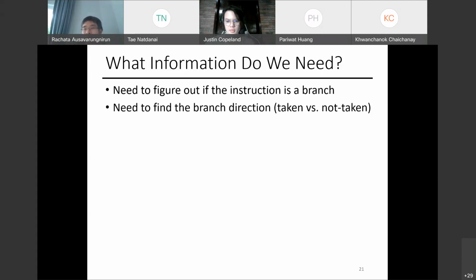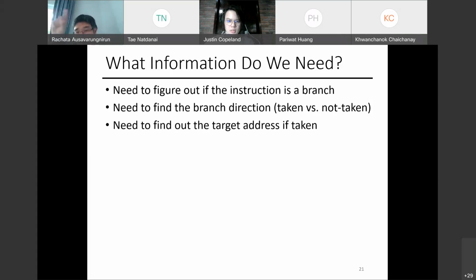The third piece of information is, if I know I'm taking the branch, let's say I jump, what's the last information you need to figure out where we jump to? You need the target of your jump, right? Basically, if and else, the code would be somewhere in your assembly. So you need to know, if I take the branch, do I go to address 54 or do I go to address 66, right?